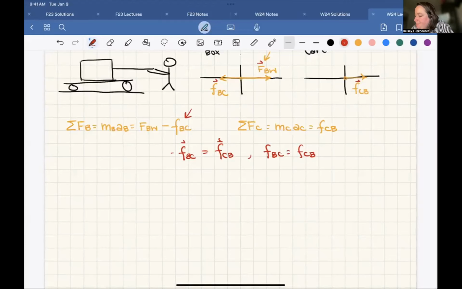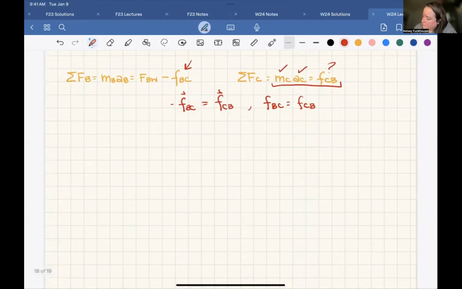But actually, that doesn't even matter because we have this equation here and we know this and we want to know that force between them. So we'll just solve that equation. Easy. So we have mass of the cart, acceleration of the cart equals this force between the cart and the box.